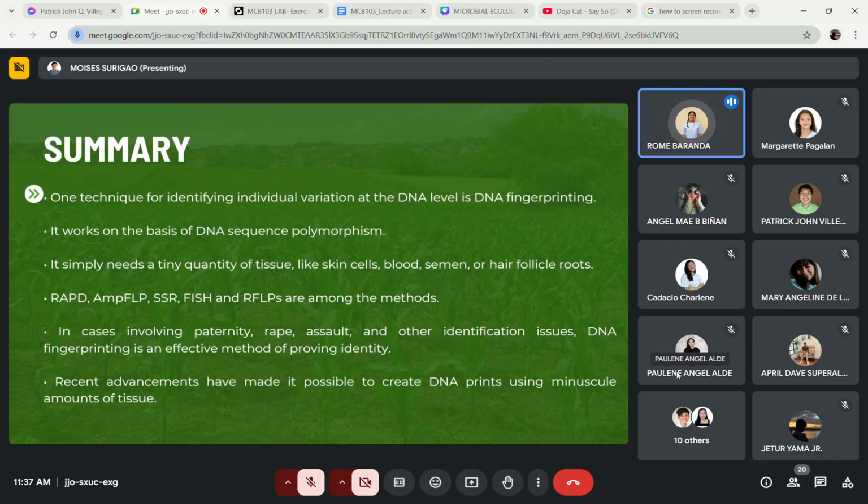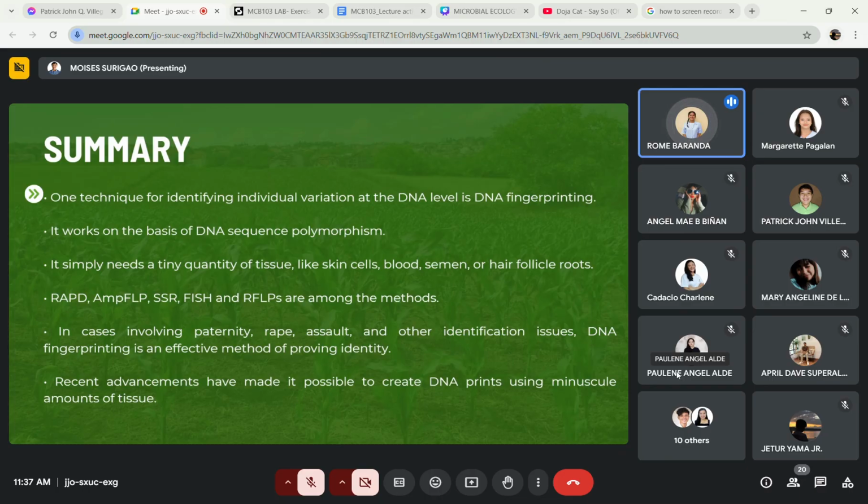And then we have different techniques. Maybe you are wondering why only five techniques or biomarkers are included, when in the bioinformatics subject there are many biomarkers. It's because these five are the most widely used biomarkers.